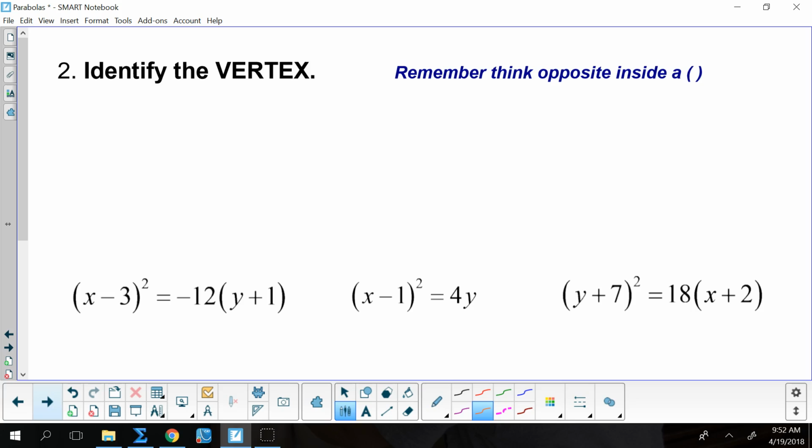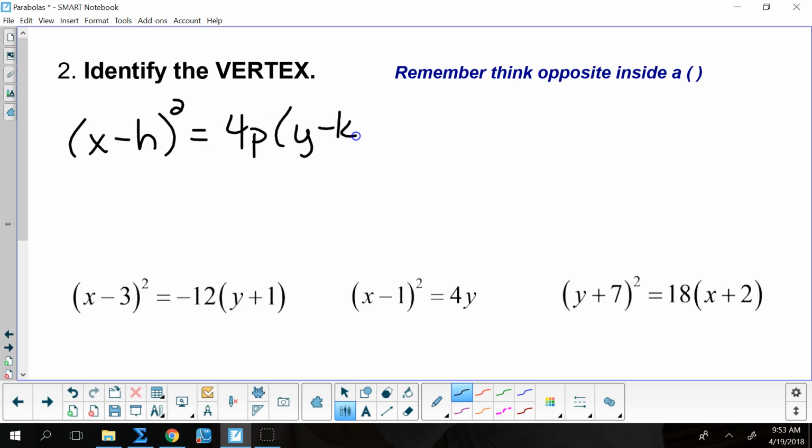The second thing that you're going to have to identify is where that vertex point is. Now, the standard form of a parabola is x minus h, quantity squared, equals 4p times y minus k for all up and down parabolas. Actually, we could even go plus or minus 4p there, because then it goes up and down.